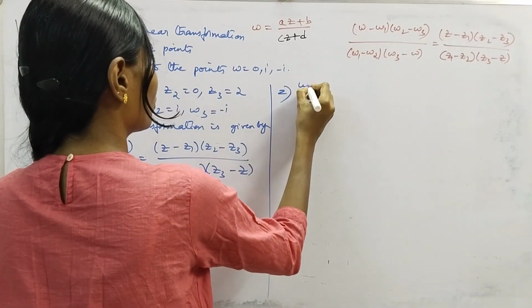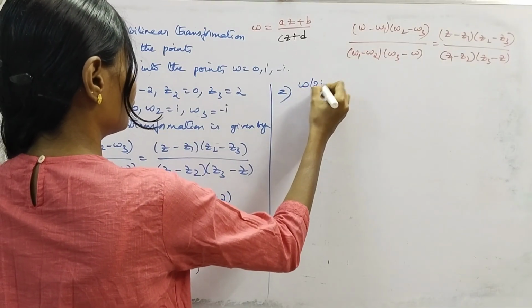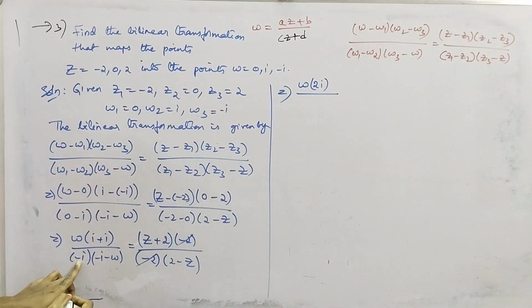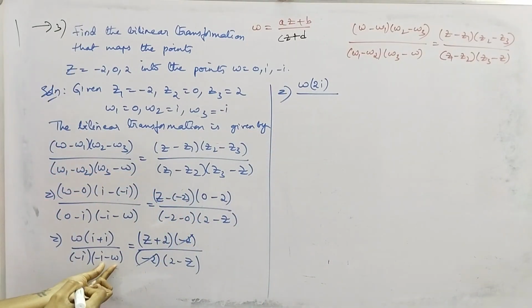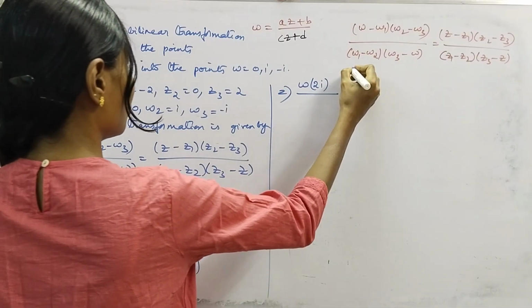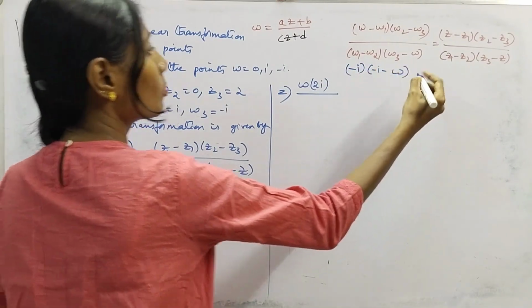omega into (i plus i), 2i, by, you have minus i, right? You can write this as, take minus common from this: minus i into (minus i minus omega).